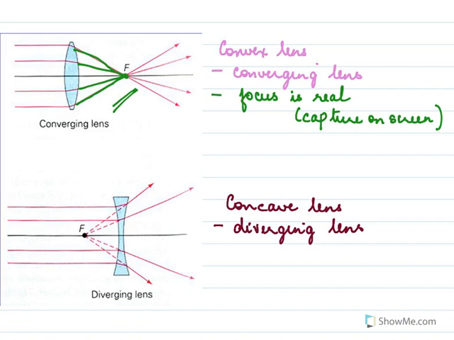But here you see at the focus, the rays do not actually meet, they appear to meet. So in concave, the focus is virtual. If you keep a screen there, you will not get a bright spot, it cannot be captured on the screen.